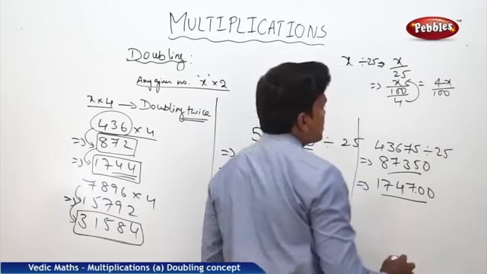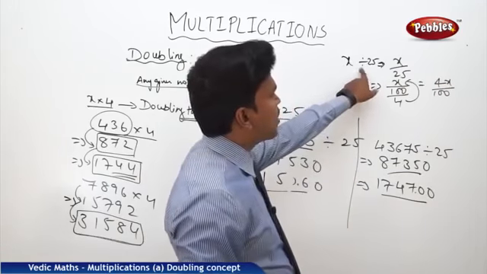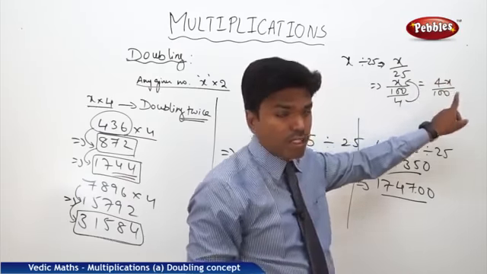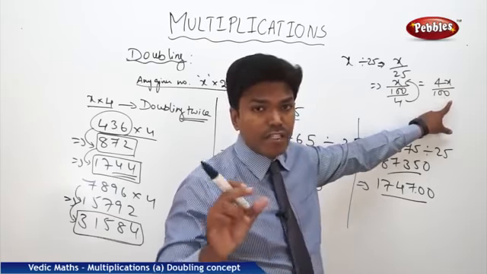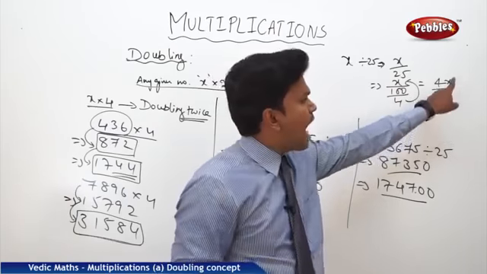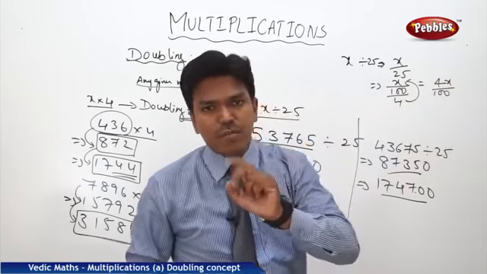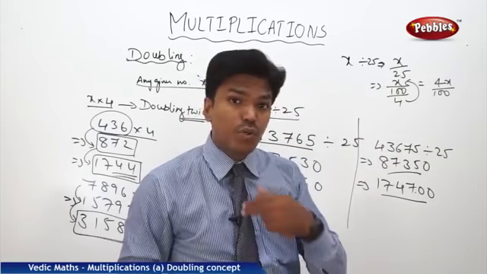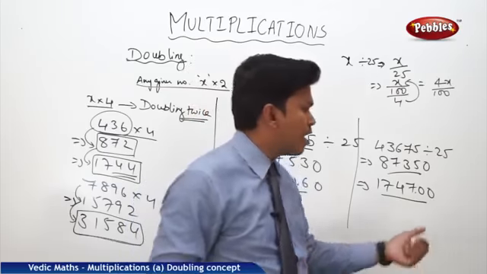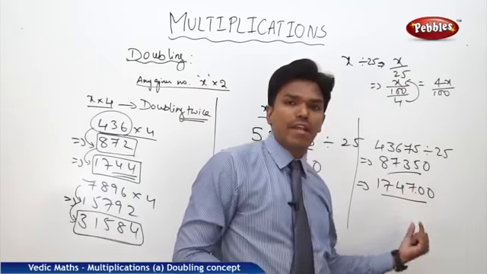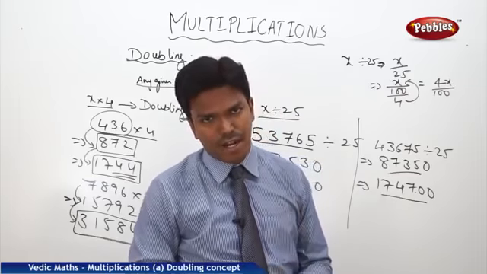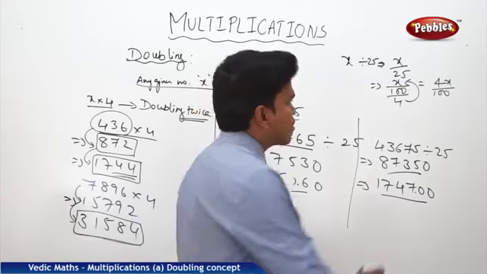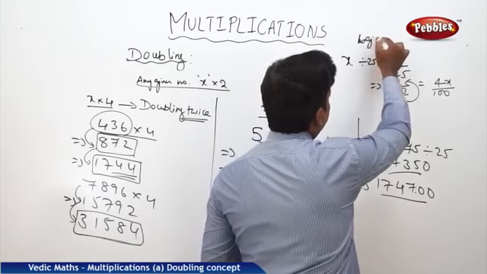That means dividing any number by 25 is nothing but multiplying the number by 4 and then dividing the result by 100. As I said, multiplication by 4 is nothing but two times doubling. The same thing I am doing. After doing the twice doubling, putting a decimal point after 2 digits from right is nothing but division by 100, as we have already seen. So this is the logic behind this.